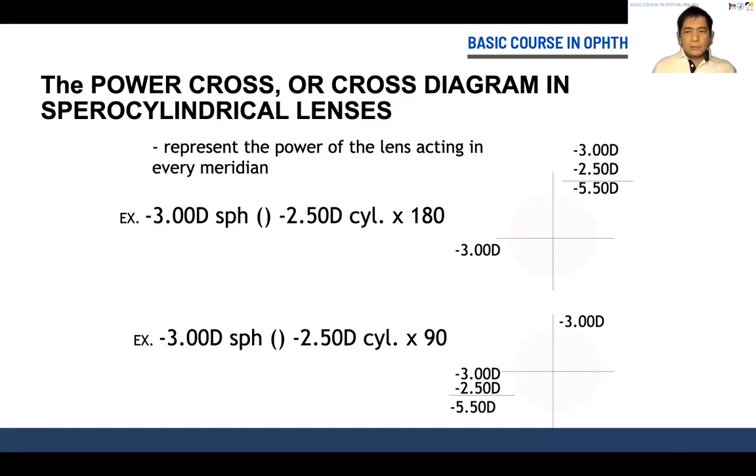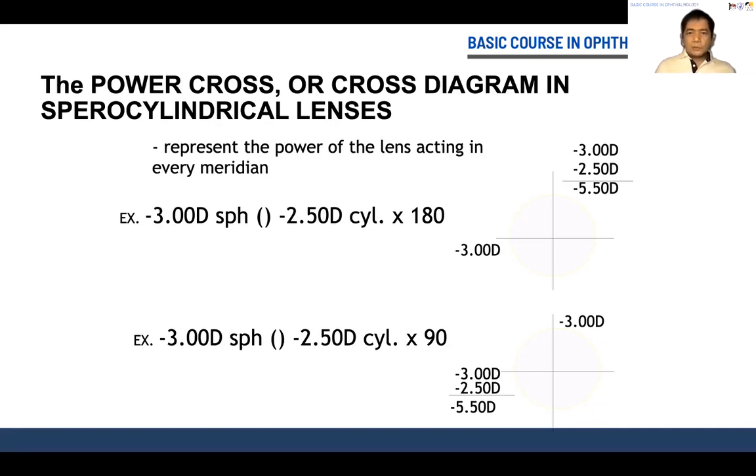So -3 is in both the vertical meridian and the horizontal meridian. While the -2.50 diopter cylinder at axis 180, 90 degrees away from 180 is 90, axis 90, that is the location of your -2.50 diopter cylinder.